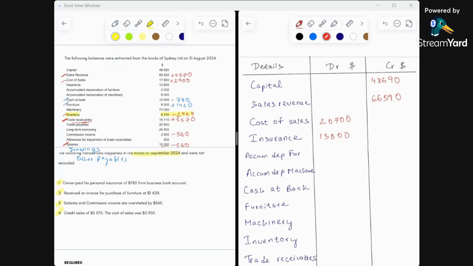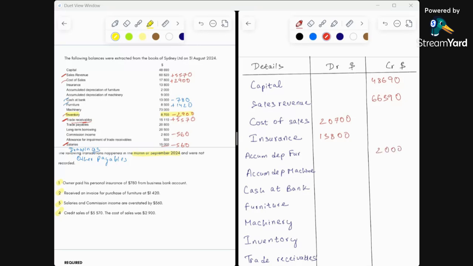But the accumulated depreciation is mainly there to record all the depreciation that we incur by utilizing the furniture in our business. So whatever reduction takes place for using the furniture, we store it in a separate account known as the accumulated depreciation of furniture account, which is a contra asset account. And by default, all contra asset accounts must have a credit balance. So accumulated depreciation of furniture is to be shown on the credit side, the amount of 2,000.